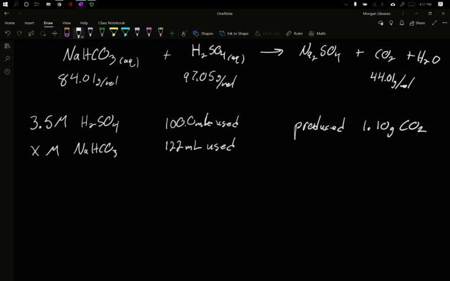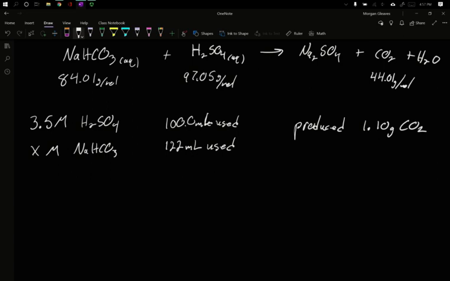What we know is that we had a 3.5 molar H2SO4 solution. We added 100 milliliters of it to a container. I then started adding sodium bicarbonate. After 122 milliliters of sodium bicarbonate solution was added, we had made 1.1 grams of carbon dioxide.